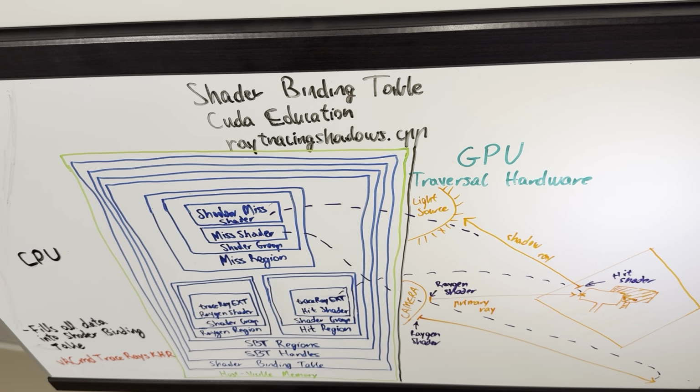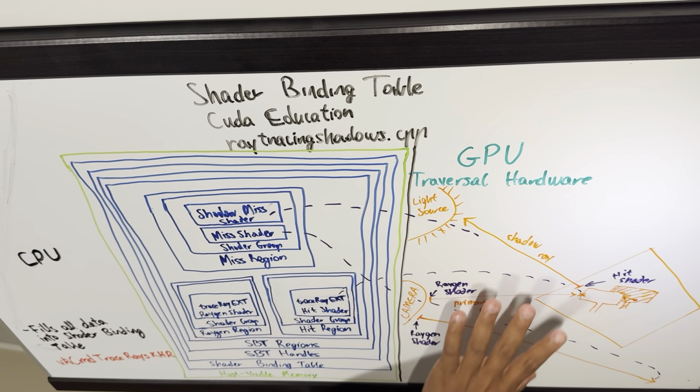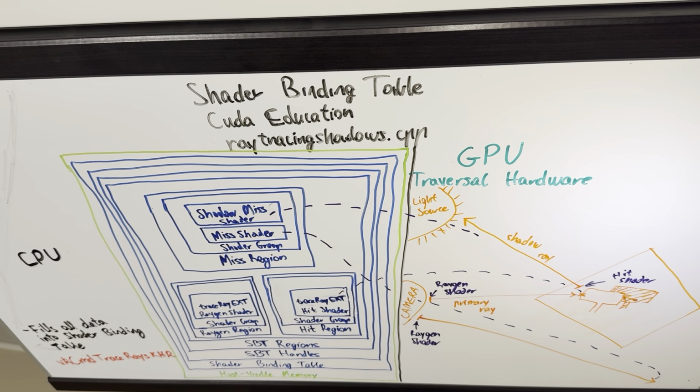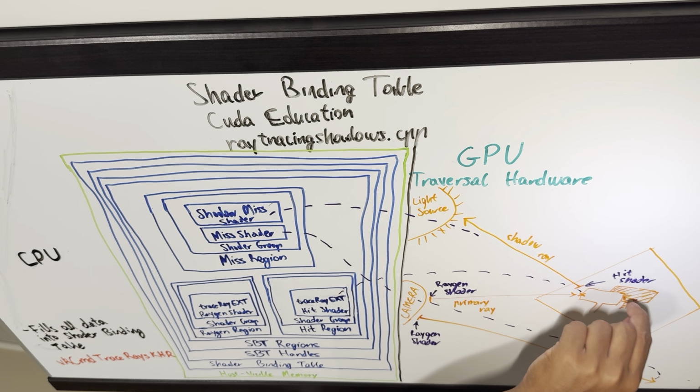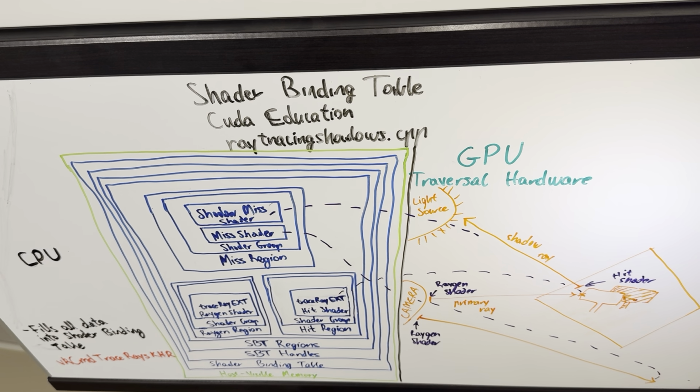The SBT handles have something to do with drivers and making it easy for the GPU to access. Because remember, every pixel on your monitor, every pixel in the application has to go through this process, right? So it's literally every pixel that you see on your screen, and every pixel is going to be either shadowed or lit, right?